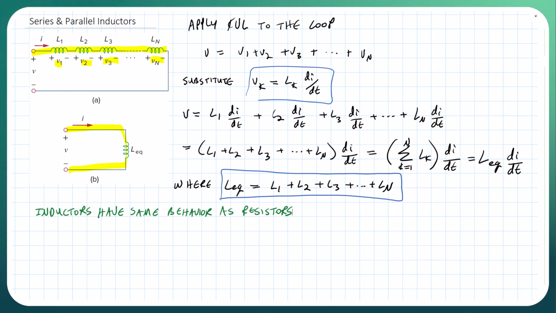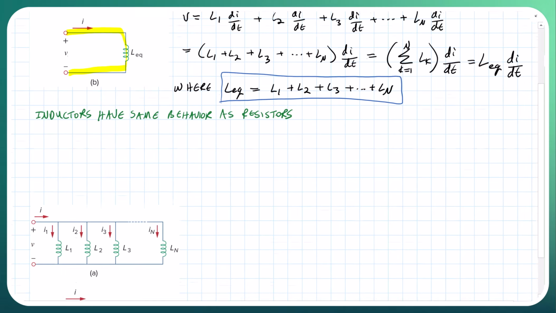So now let's look at inductors in parallel. So scroll down a little bit. Let's take this guy up here.